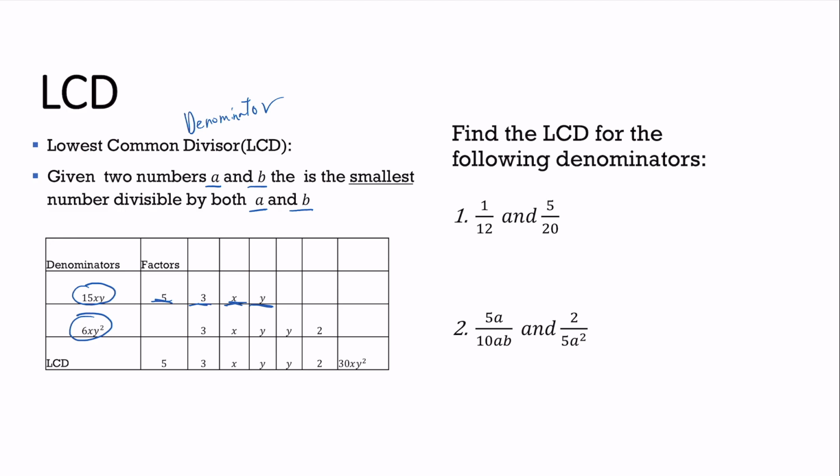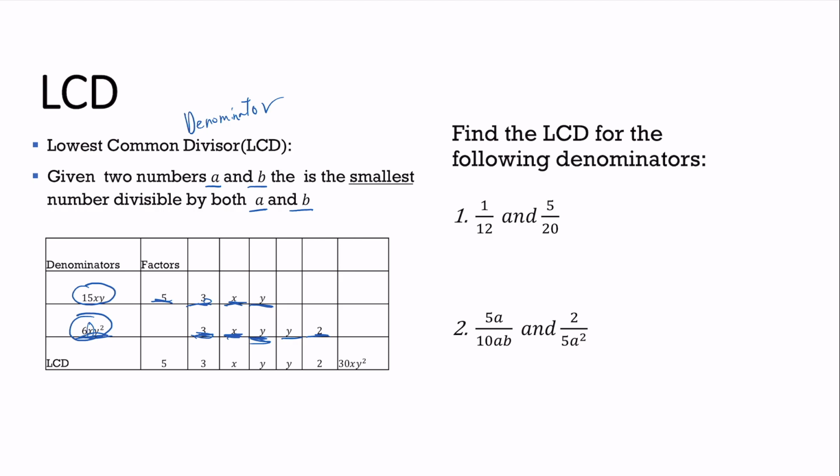And I partner those up with all the factors of 6. 6 factors into a 3 and a 2. You can see I have the 3's lined up together in this column. But I've also got a single x and two y's. So I put the x's with the x's and the y's with the y's.